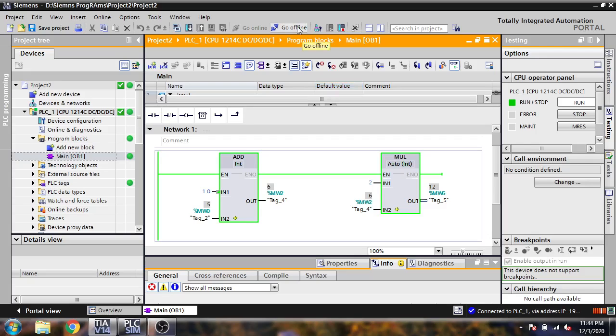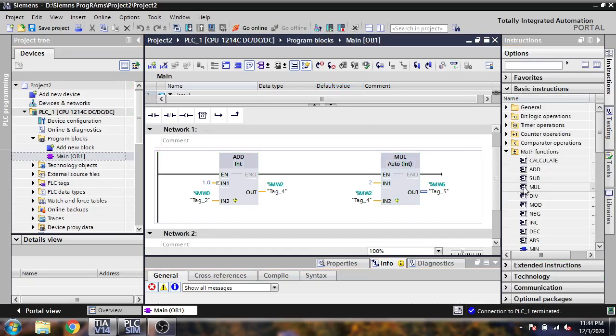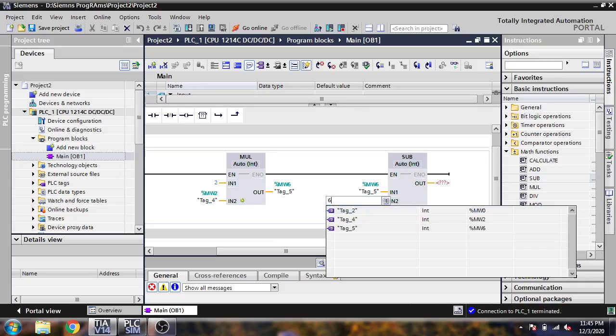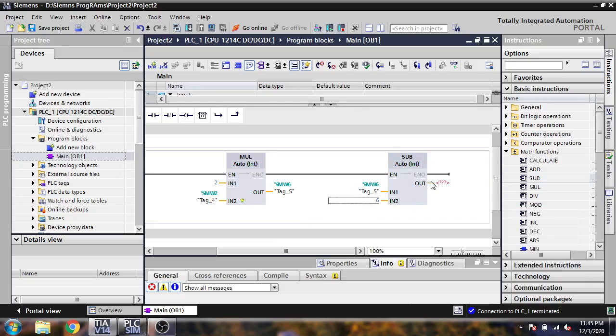I am going offline again, and you will see a subtract function there. I am just adding the subtract function there with MW6, and I am going to subtract 6, and so on. Now I am using MW8 there.